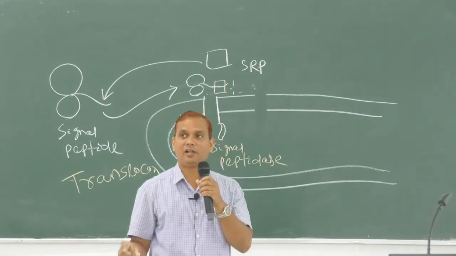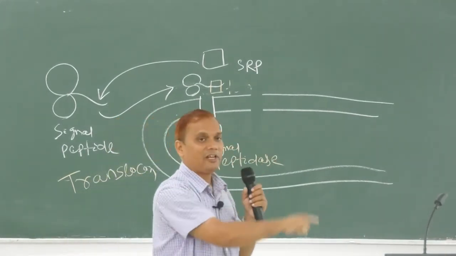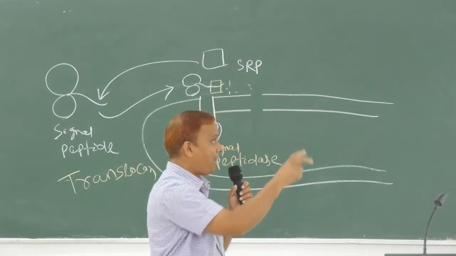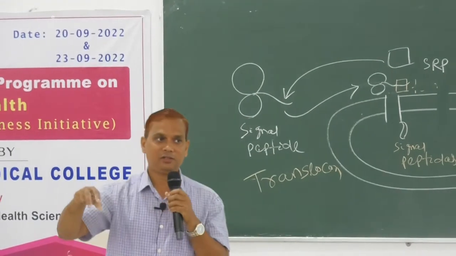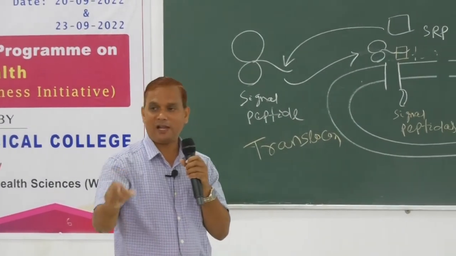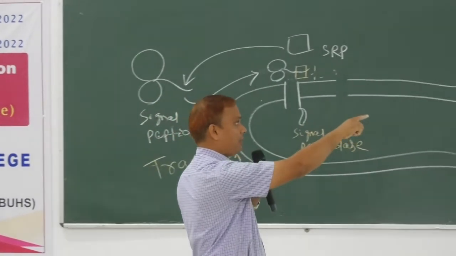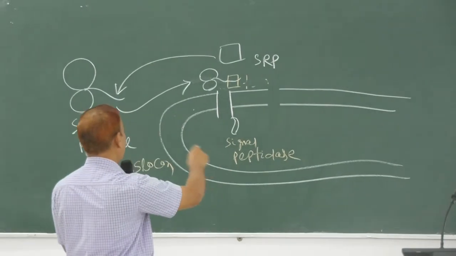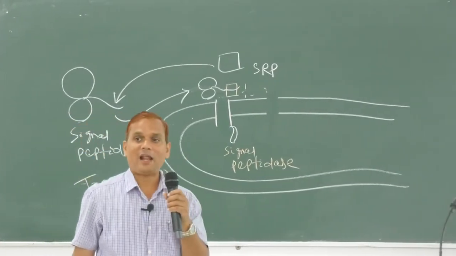So the SRP, signal recognition protein, along with the signal peptide, binds and docks. When it docks at the endoplasmic reticulum membrane channel, the transport channel, that is called your translocon.